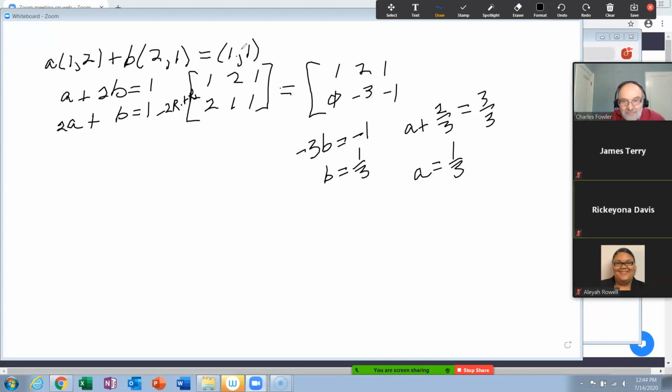Sometimes it's up to you to choose that definition. Other times it's already chosen for you. But these two operations have to be defined, and the listed axioms have to be satisfied for every u, v, and w in that space V.